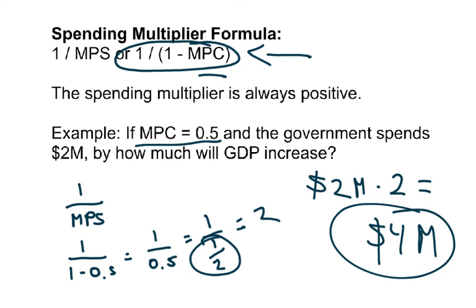And sometimes an AP question will do that. They'll give you the total, the 4 million, and they'll give you a way to get the multiplier, and they'll ask how much would the government need to spend, knowing the multiplier and knowing the size of the gap, to close the gap. So they'll give you the answer as part of the question and have you figure out the other part. And again, the only way to get good at this is to practice.